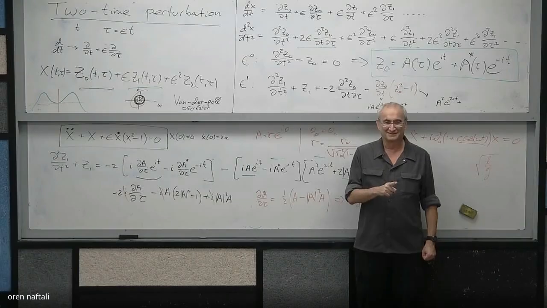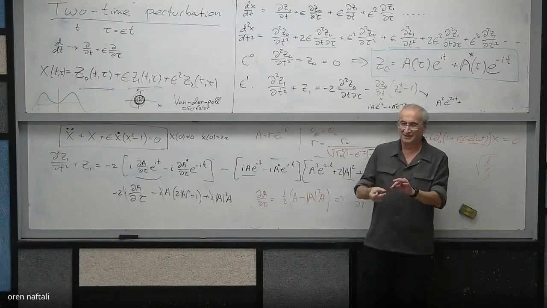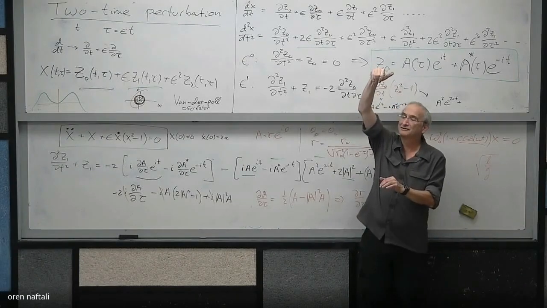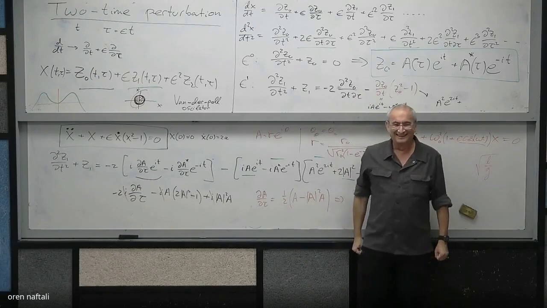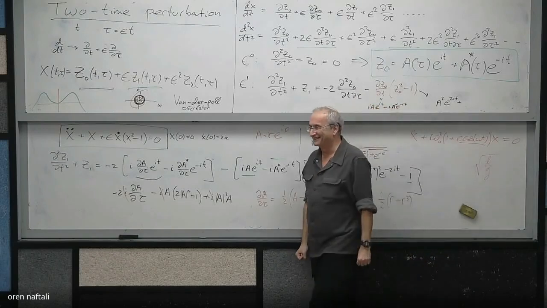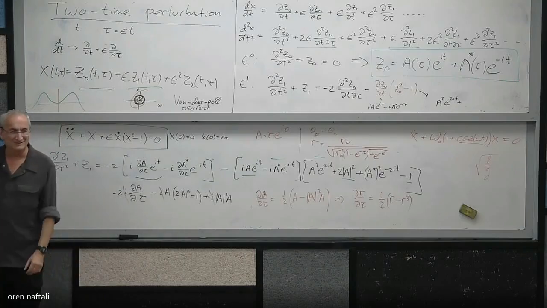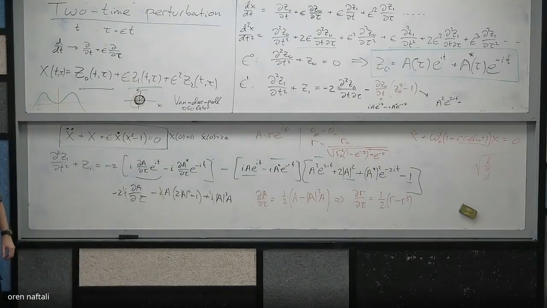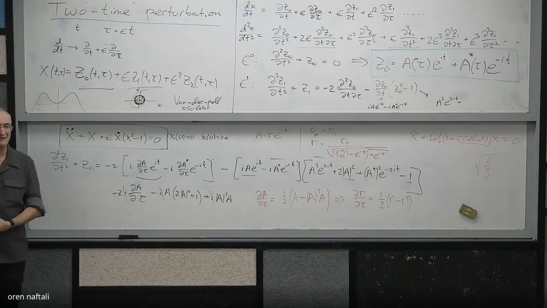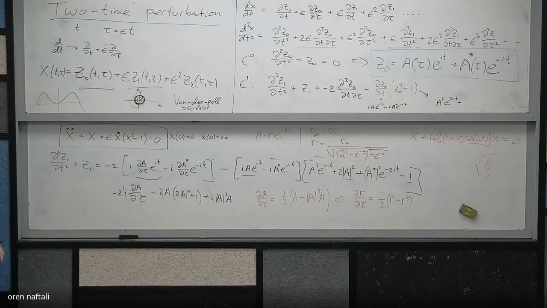Kapitza pendulum, yes. I don't think that one can do that with legs, but there are ways to do that, right? So this is known as the Kapitza pendulum, and this is also in the theory of parametric resonances, but we are not going to go into it. There's fascinating physics here, but that's it.